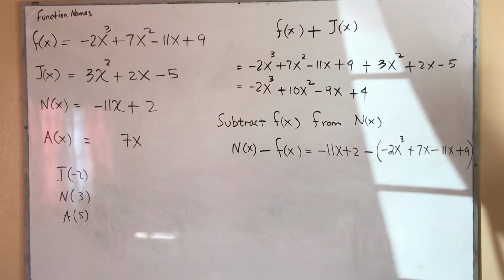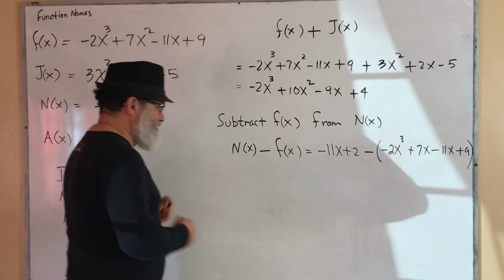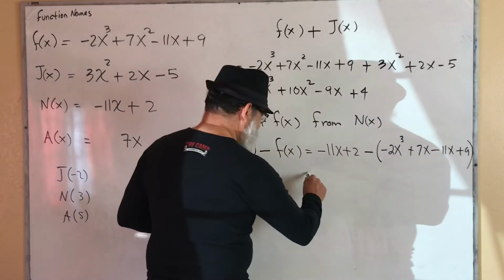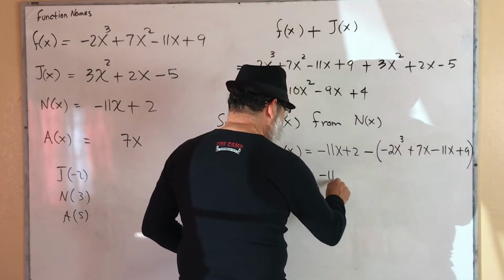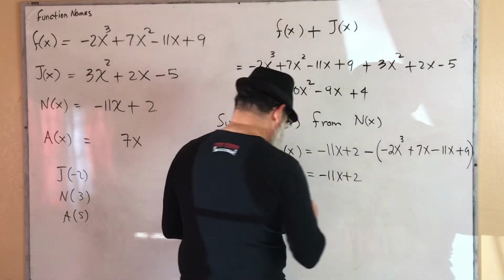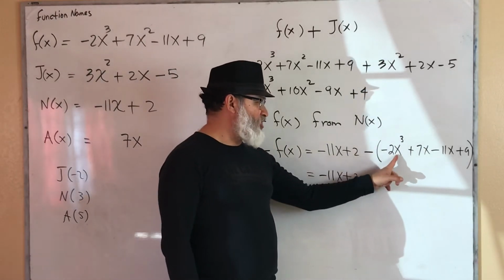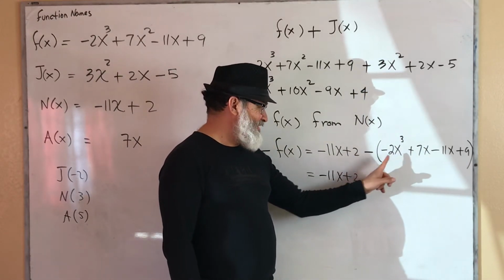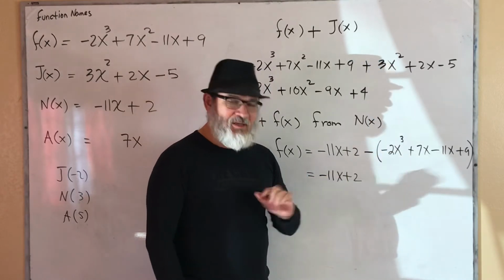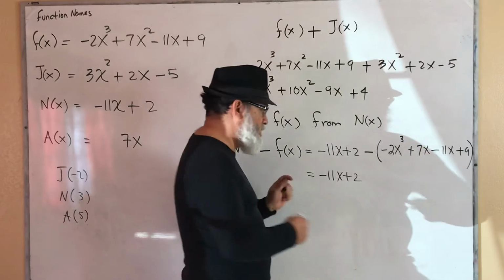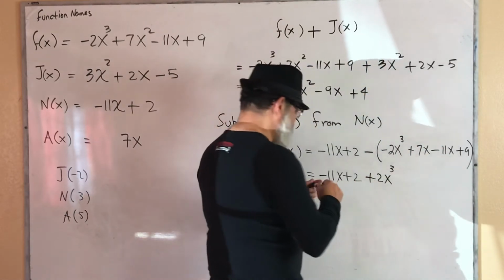All right, let's finish it. That's Norma, negative 11x plus 2. Now I'm going to subtract the first term of Frank. Subtract this term, and this term becomes positive, plus 2x cubed.